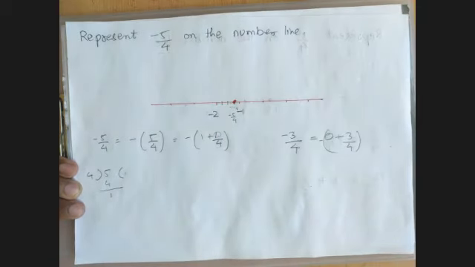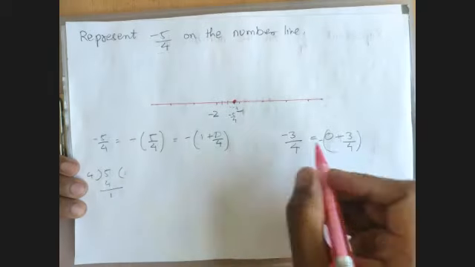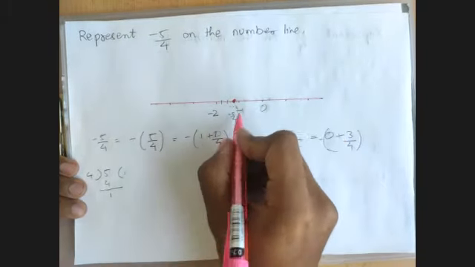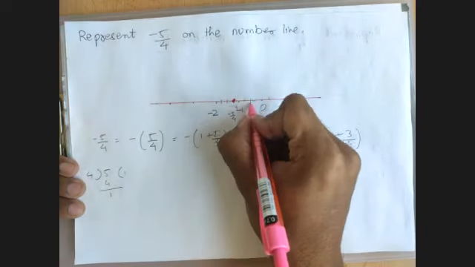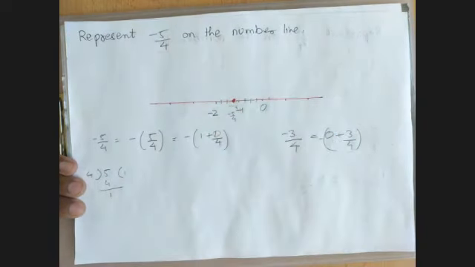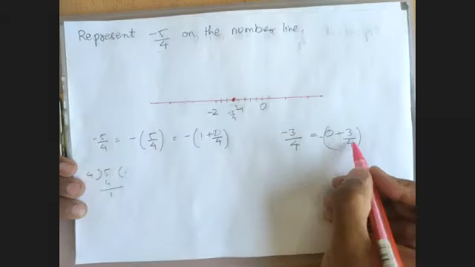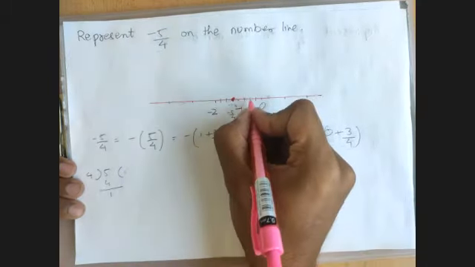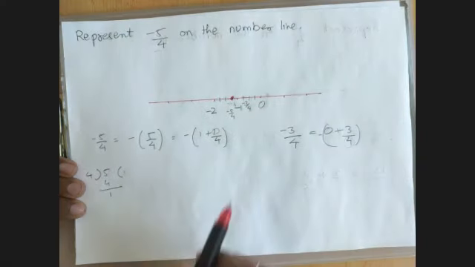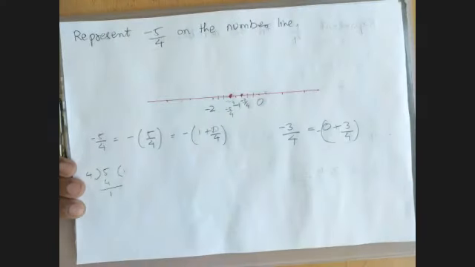So that means between 0 and minus 1, I have to divide the line into 4 parts. On that, the third part is minus 3 by 4. 1, 2, 3. Third part is minus 3 by 4. So this was the point which I was looking for.